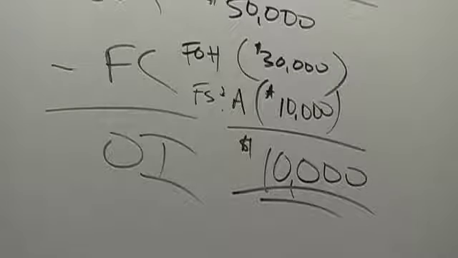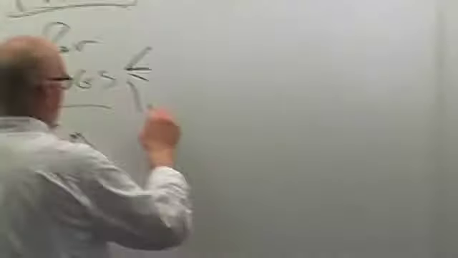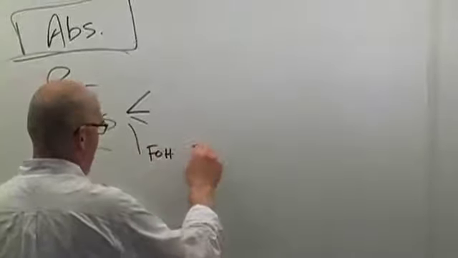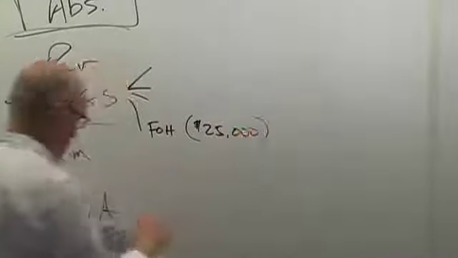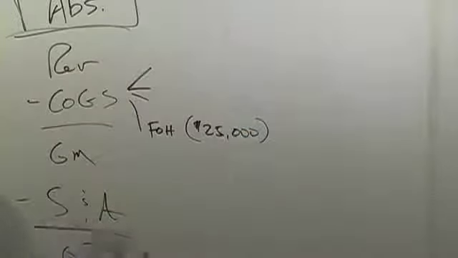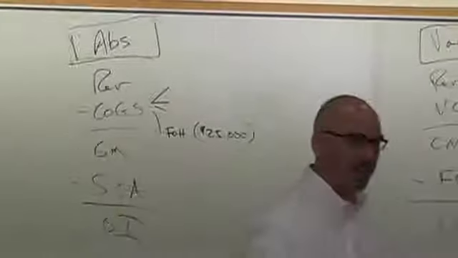So why aren't we multiplying it by units sold? What you've just described perfectly is the calculation for the absorption costing income statement format.